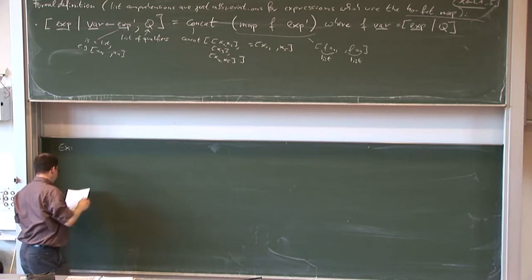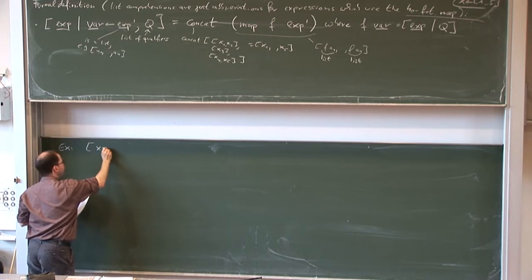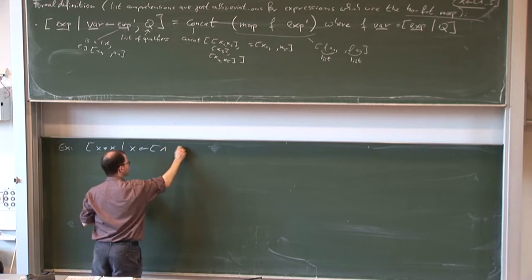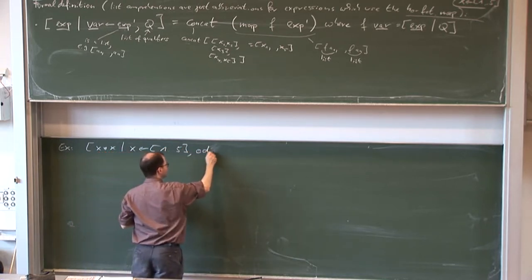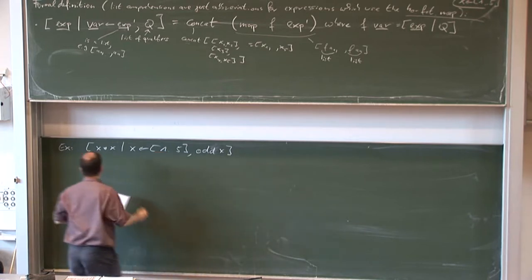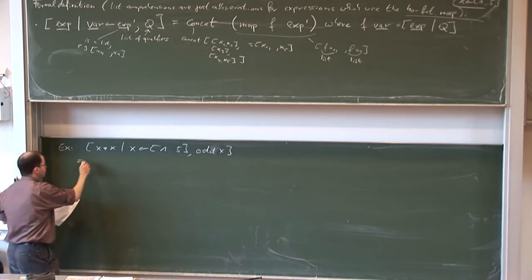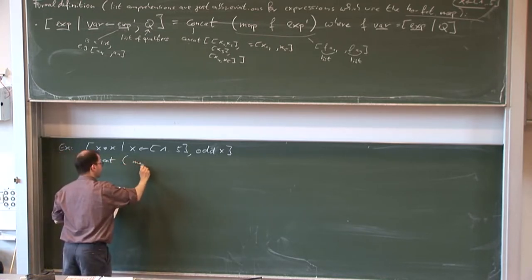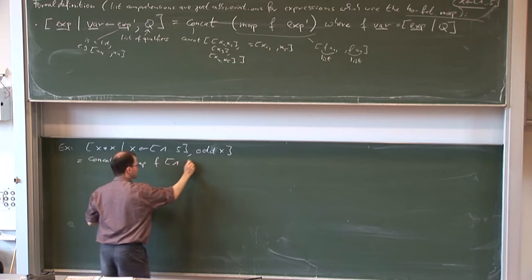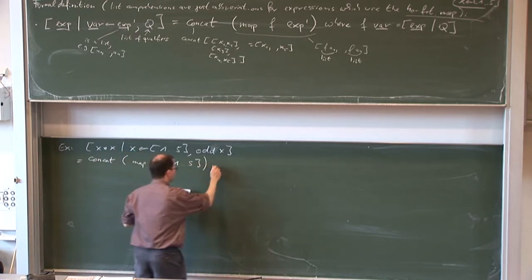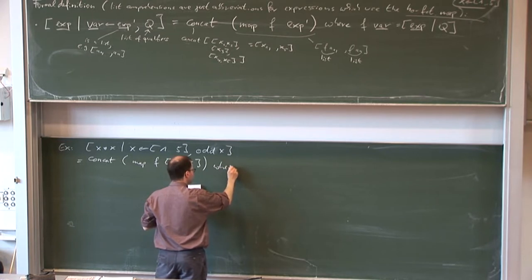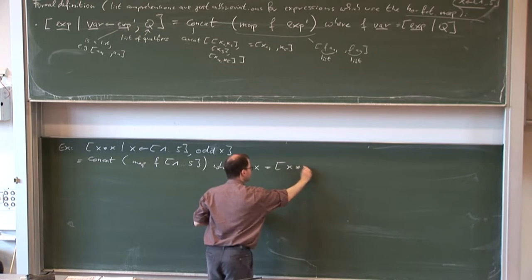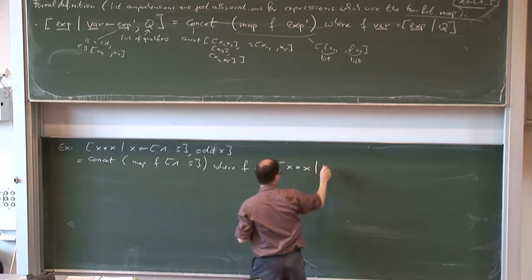So if we look at the example that we had, if we take x times x, where x comes from the list 1 to 5, and x is odd, then by this definition, this is nothing but concat of map f and then the list 1 to 5, where f of x is x times x, but now we drop this first qualifier.